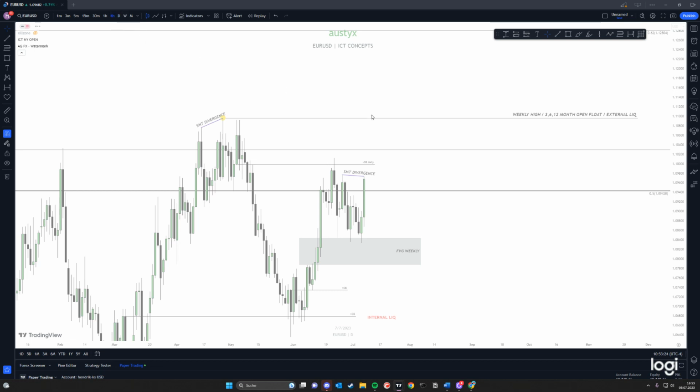Okay, so I wanted to check a 4-hour SMT divergence somewhere in here, which I also sent in a screenshot during last week or the week before, I think. Yeah, again, internet is gone. Nice. To see if it was still valid or if this high broke it. I can't remember if it was like this or whatever.